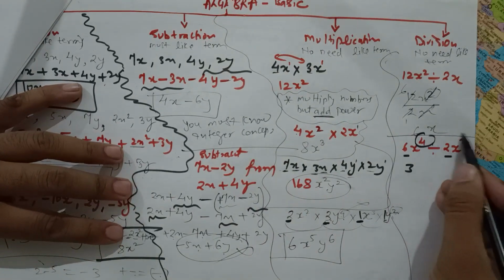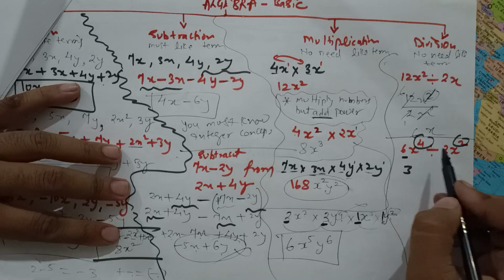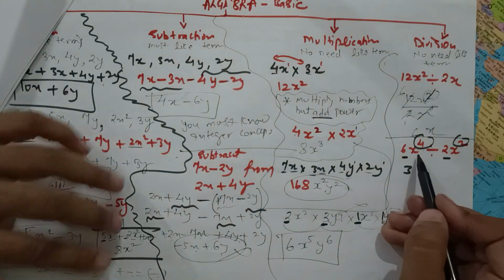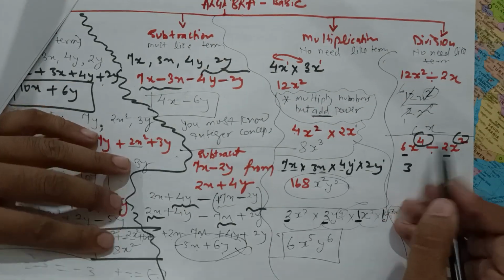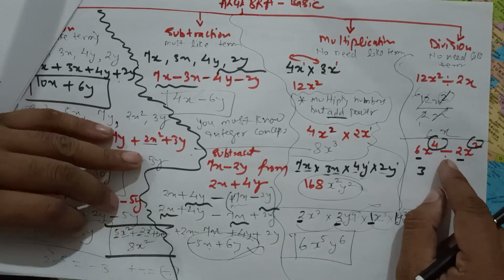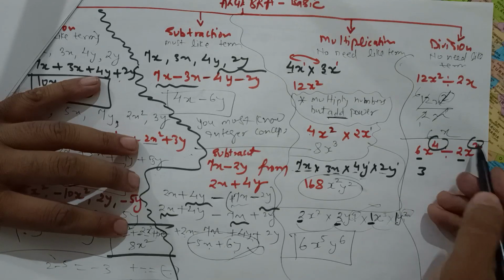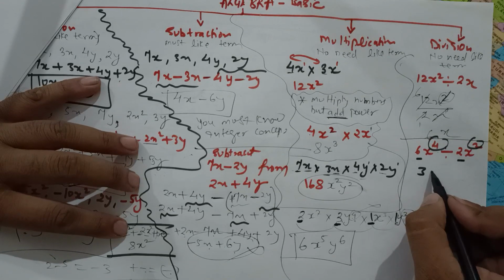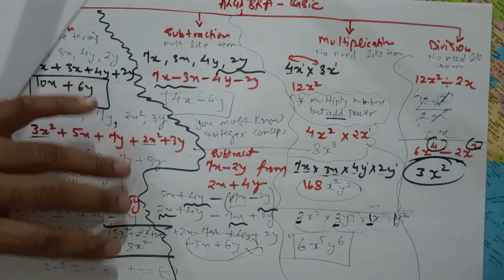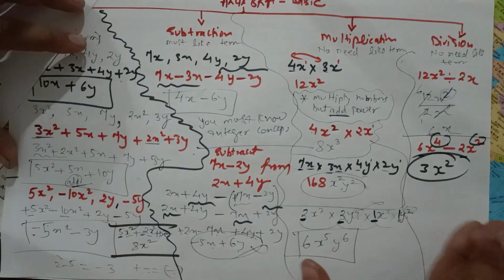Now the power is 4, the power is 2. So the first or upper number will be before, and put the minus sign, and the other number will be down. So 4 minus 2 will be 2. So its power came 2. Got it? So this is a part of this.